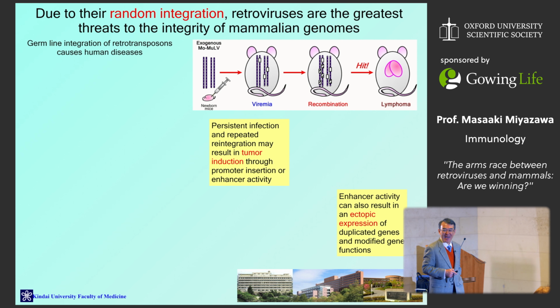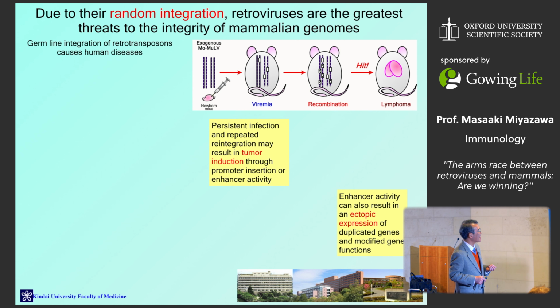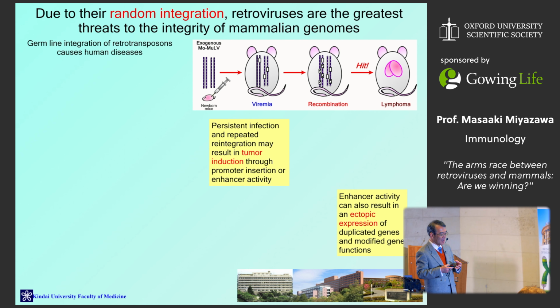For example, amylase. Our primate ancestors contained only one amylase gene, but this amylase gene was duplicated throughout evolution, and the copy number of the amylase gene increased during primate evolution. One of them contained an integrated retrovirus, and the enhancer effect of the integrated retrovirus changed the pattern of expression.